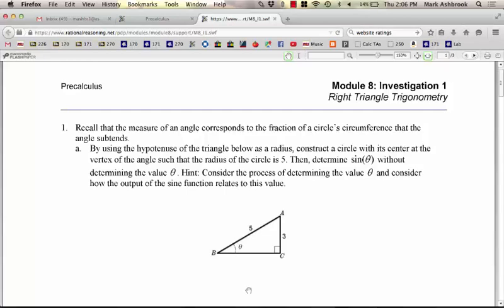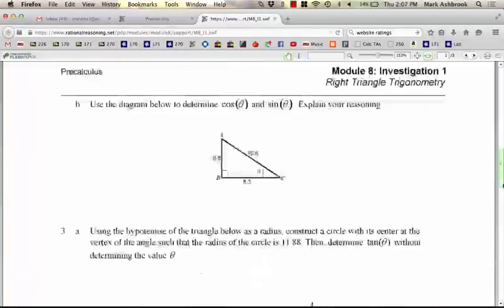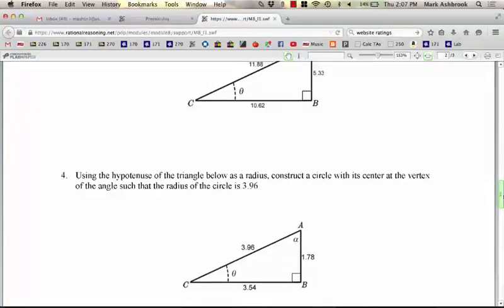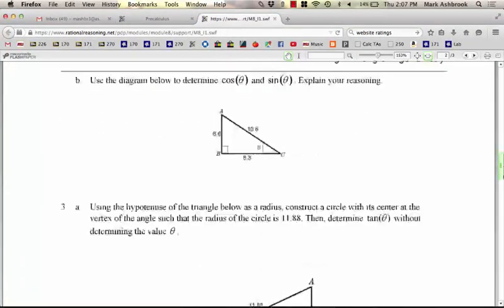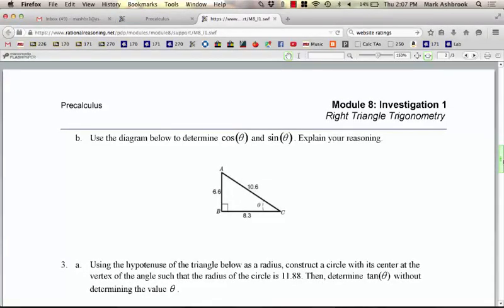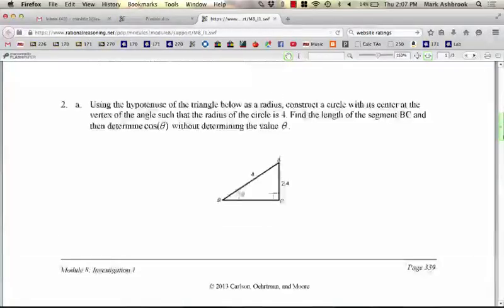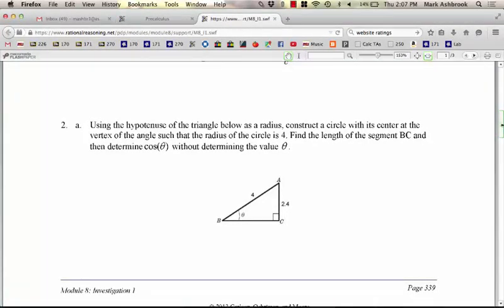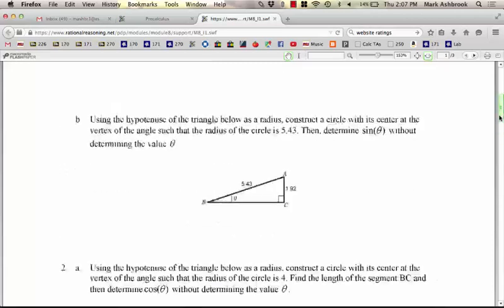So you're going to draw the circle correctly, the best you can, and then whatever they ask for, whether it's sine, or cosine, or tangent, or maybe more than one, express those using the legs of the triangle, not by finding theta. Okay? Go. So make the best.